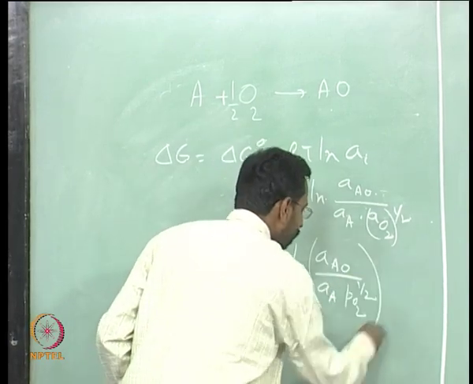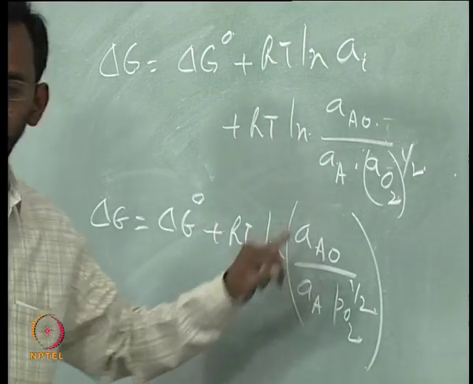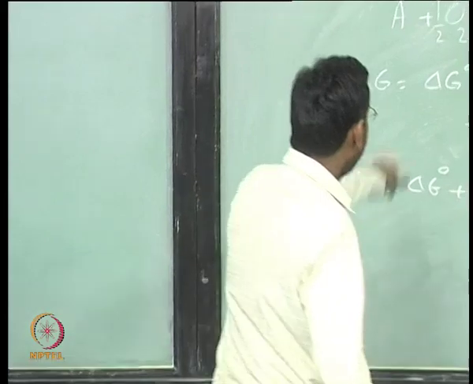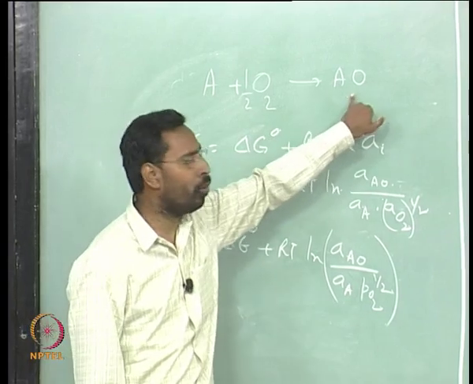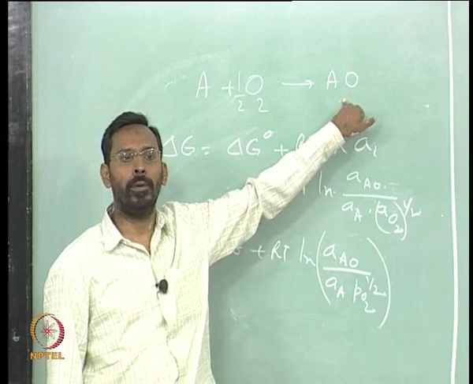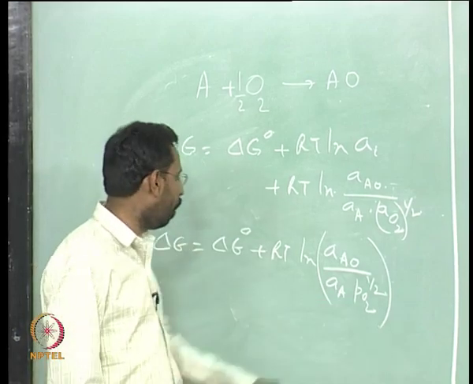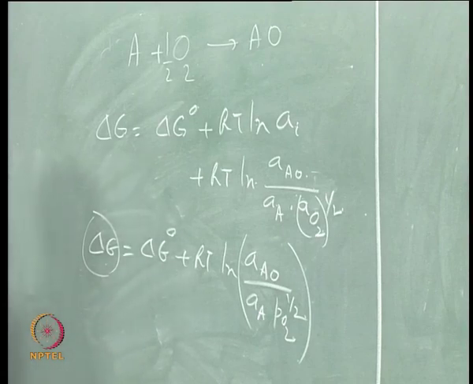In this case, we always know that the activity of solids in their standard states is equal to 1 if they are pure, as long as they are pure. So, if a pure A reacts with oxygen and gives you a pure oxide without any impurities, then this becomes 1 and this becomes 1. For any such reaction at the equilibrium transformation temperature, delta G is 0.